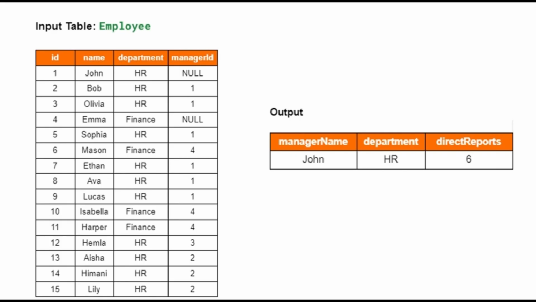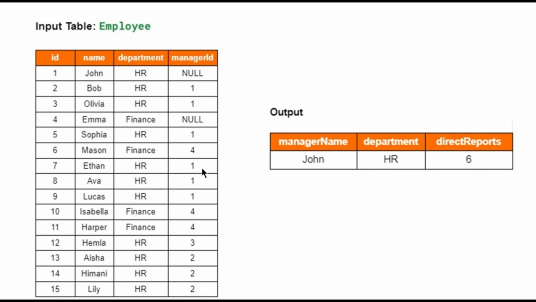In this example, the employee John manages 6 employees in the HR department, if you can see in the input table. So there are 1, 2, 3, 4, 5, 6 employees that John is the manager of.